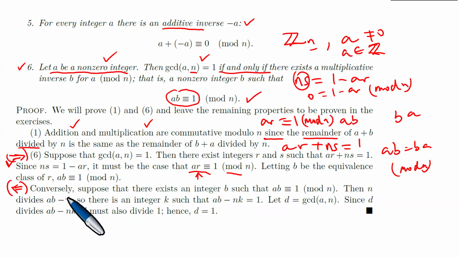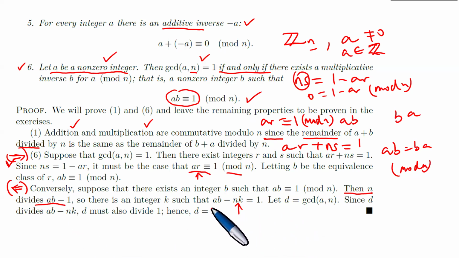Because we're dealing with modulo N, and we're dealing with A minus B. We're saying N divides A minus B. If N divides A minus B, then we are adding the nk, with the understanding that this minus nk that has been put here is equivalent to 0 modulo N, which does not alter this particular expression.